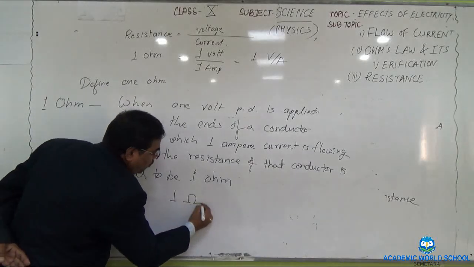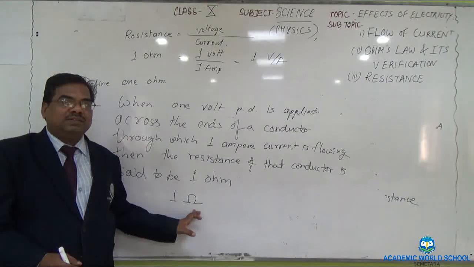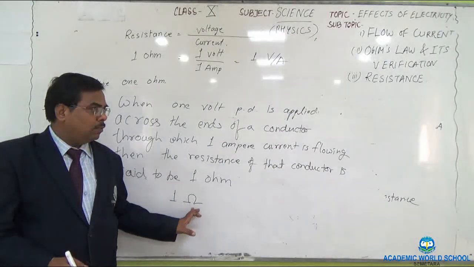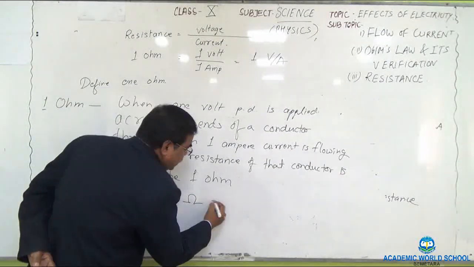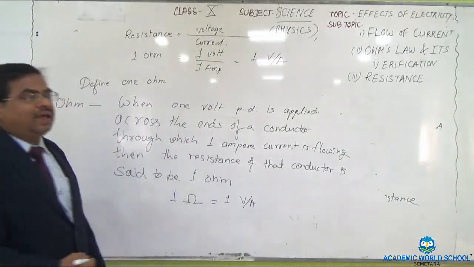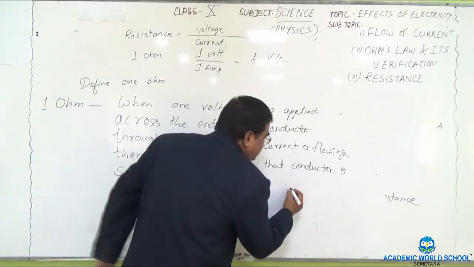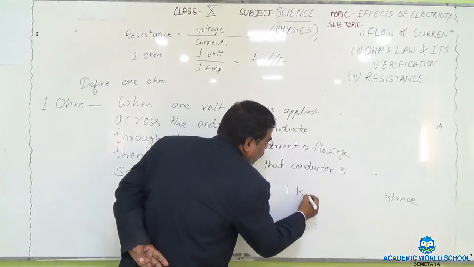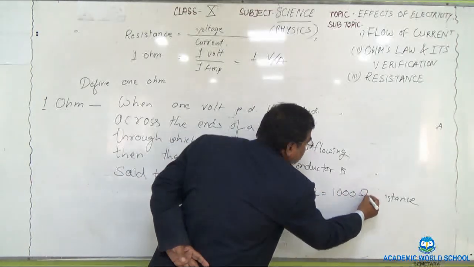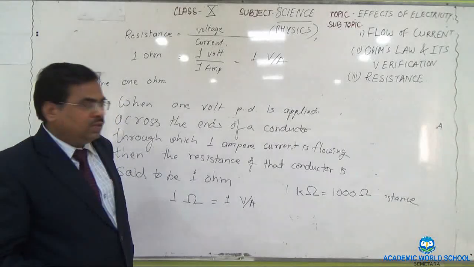This is the Greek alphabet omega, which is used as the symbol for ohm. 1 ohm is 1 volt per ampere. There are bigger units of this ohm, like 1 kilo ohm. When there are 1000 ohms, we can call it 1 kilo ohm.